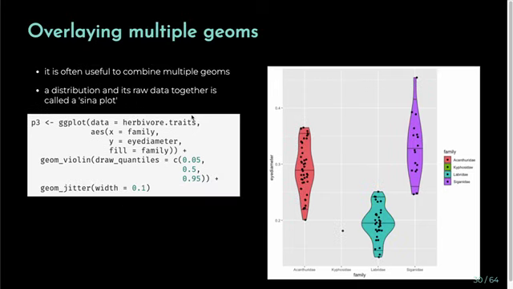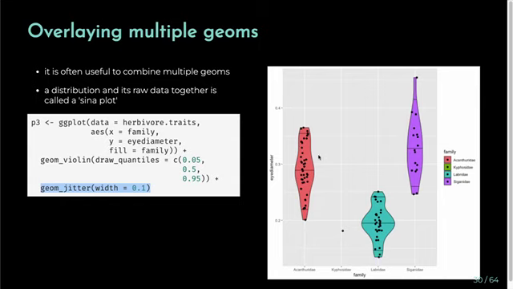We can also actually combine multiple geoms. So just because you're using one doesn't mean you can't use the other, which is nice. ggplot is generous like that. So in this case, we're combining the geom_violin that we've just used earlier with a geom_jitter that we're using to plot the raw data.